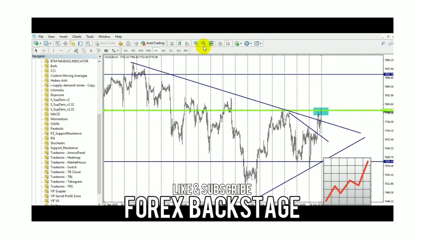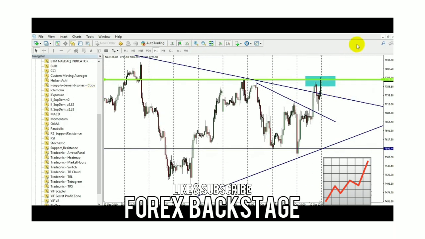So if we buy here, and then we can put our stop loss here, or even here.